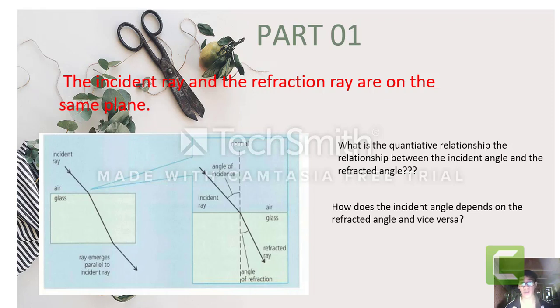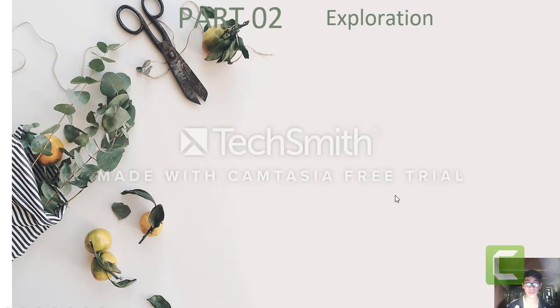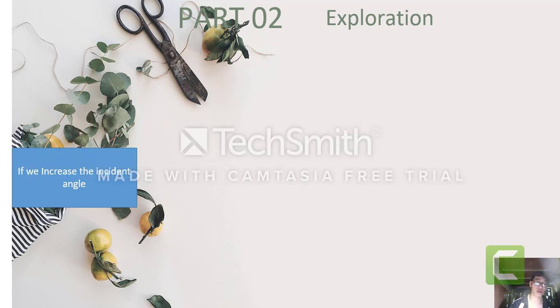Yes, we will go to part 2, explanations. Firstly, we will do some deduction. If we increase the incident angle, what happens to the refracted angle?